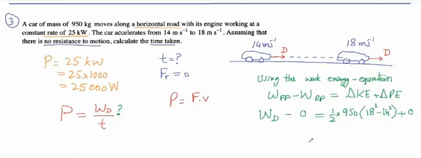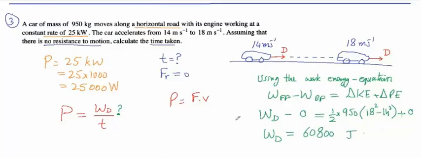And then since it is going horizontally on the ground level, the change in potential energy will be 0. So see that easy, we have found the work done by the driving force by using the work energy equation. 60800 joule is the work done by the driving force.